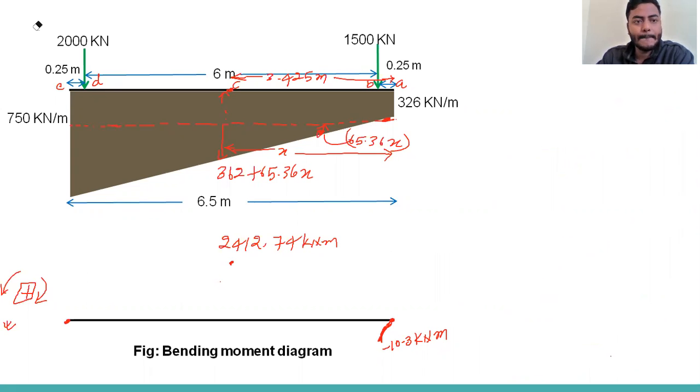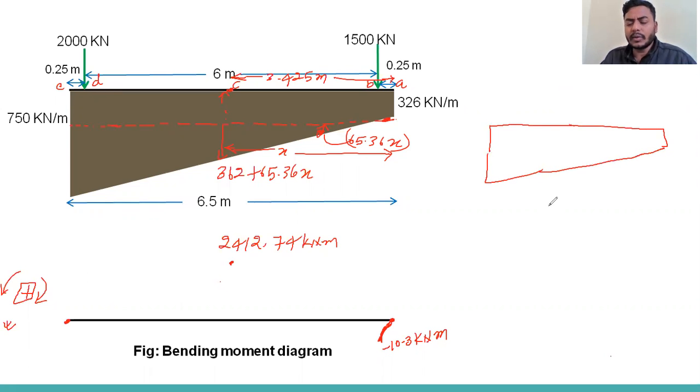So first see the loading diagram at point D. Or either you can put the value in the previous relation.